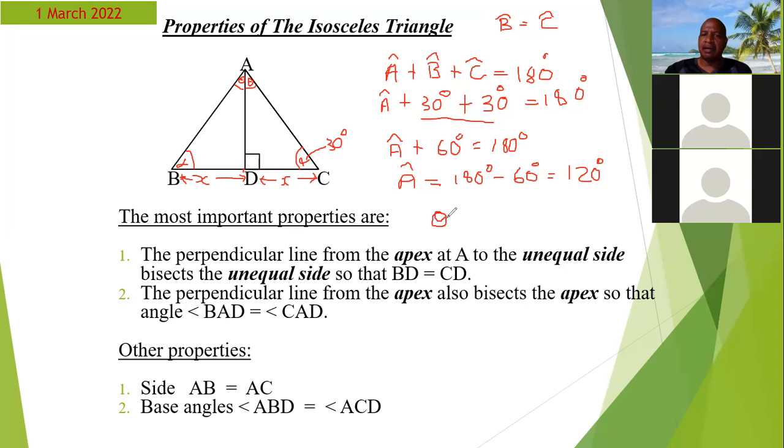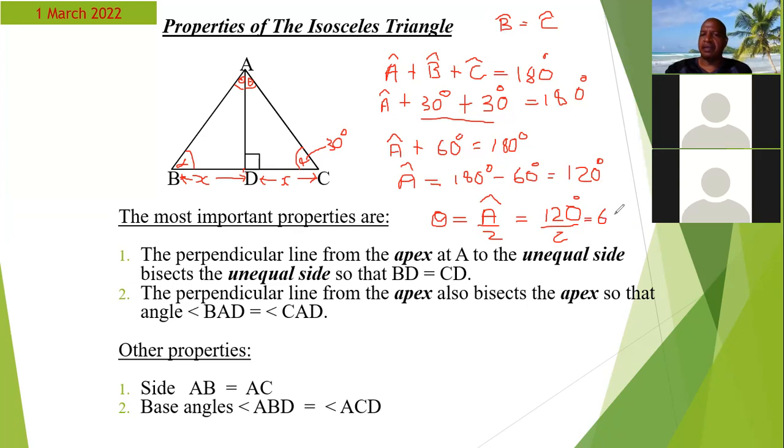So theta, which is one of the angles at the top, you would have to divide the apex angle by 2. And we know that that would be 120 degrees divided by 2. And that would give us 60 degrees.